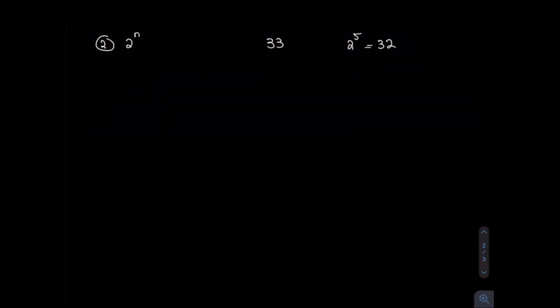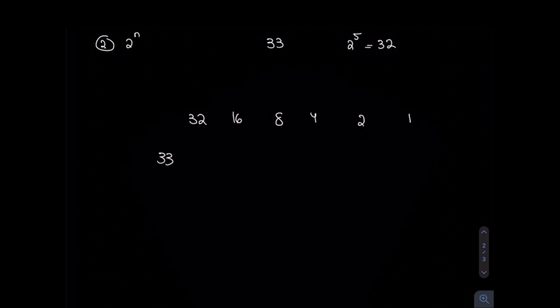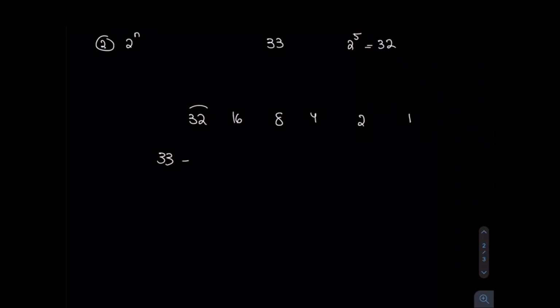So we will write all the numbers up to 2 to the power of 5, which are 1, 2, 4, 8, 16, and 32. Next, we will take 33, which is the number that we want to convert, and subtract from it the largest number that is less than 33, which in this case is 32.